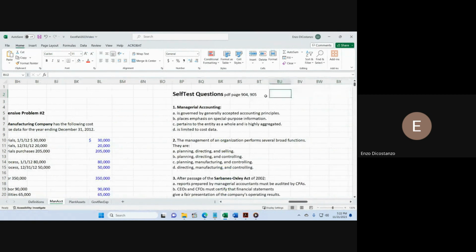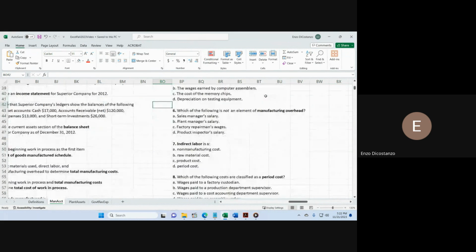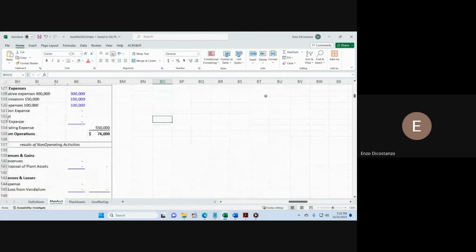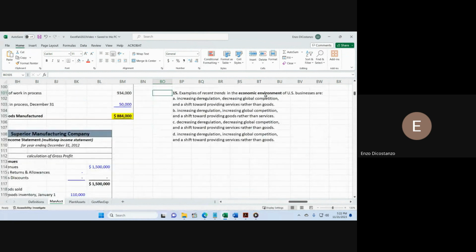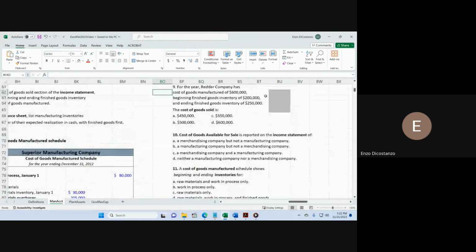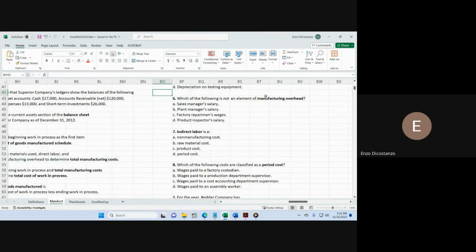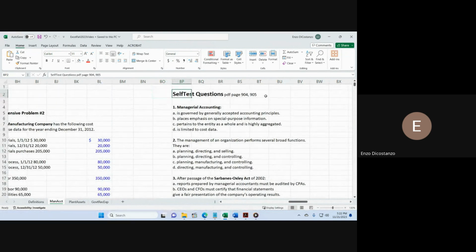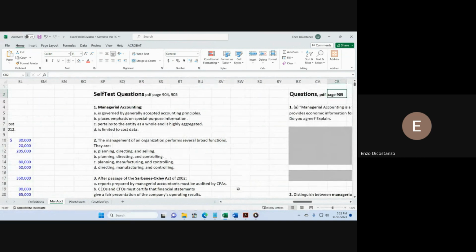In my graduate course, you guys had to do the self-test questions here. These 14 or 16 or whatever it is, 15. That was the final exam.